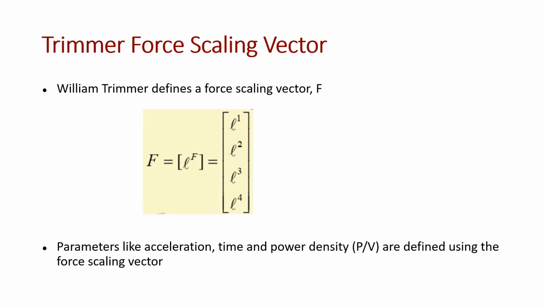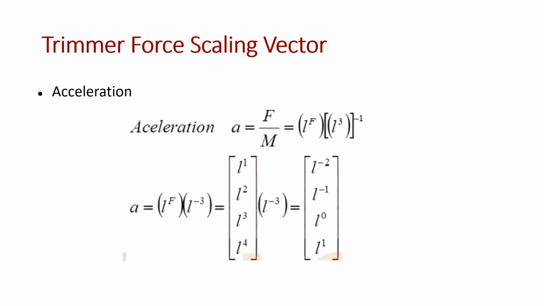Parameters related to force such as acceleration, time, and power density, which is represented by P by V, are defined using this force scaling vector. We will see how each of these parameters is represented using Trimmer force scaling vector.